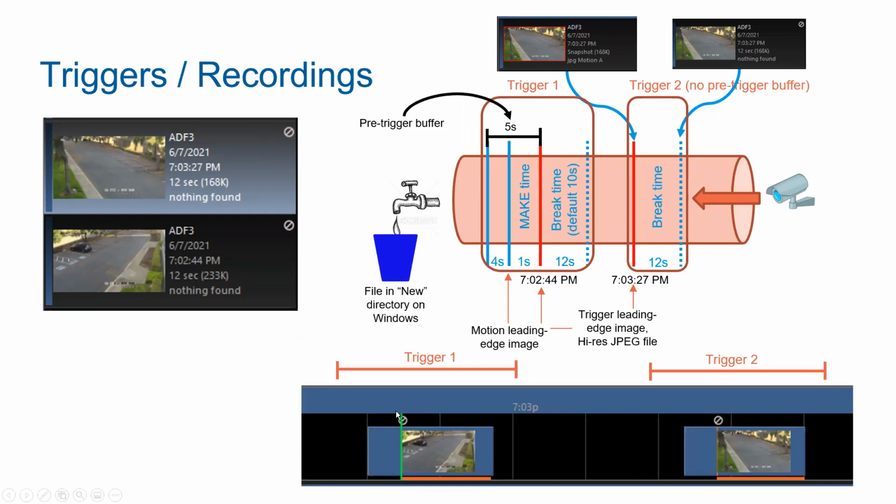What's cool about Blue Iris in terms of details is the timeline. That blue in front of the actual alert is your pre-trigger, and it's visually telling you that you have a pre-trigger buffer and there's footage in there. It's subtle, but it's powerful because you don't have to go back to your settings.